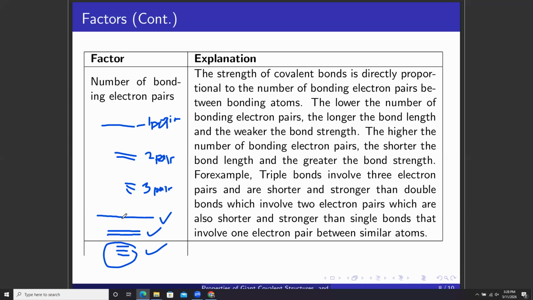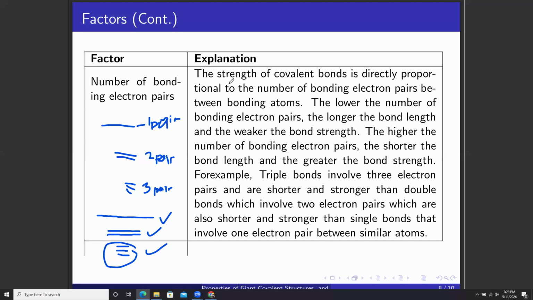If the electrons are few, you have decreased strength. Therefore, a single bond is weaker as compared to a double bond and a triple bond. Moreover, a triple bond is strongest as compared to the double and the single.